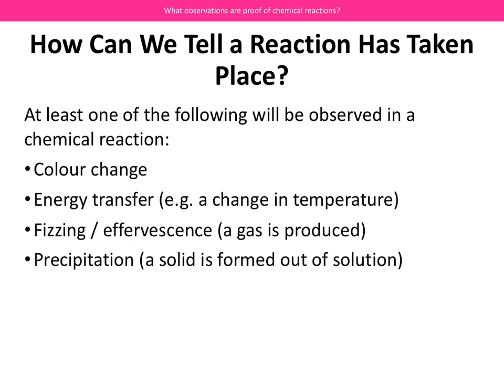But sometimes it's a change in temperature, and that isn't always abundantly clear. So we'd have to find different ways of checking whether there was a change in temperature, and one of those ways would be to simply have a thermometer in the midst of the reaction and to see if the temperature of the thermometer changed.